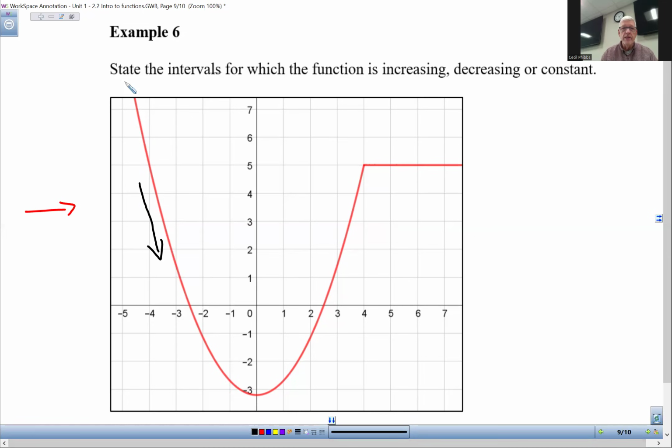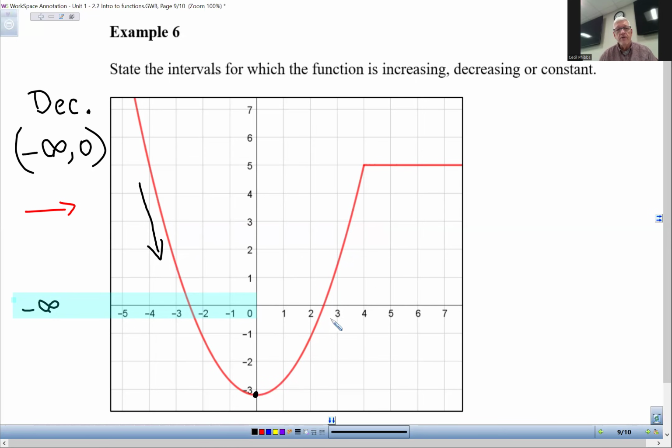So it is decreasing, and it continues to decrease all the way till we get to this point right here. So that decreasing starts all the way on the far left, which is -infinity, and continues until we reach the point where x equals 0. So from -infinity to 0, our graph is decreasing.